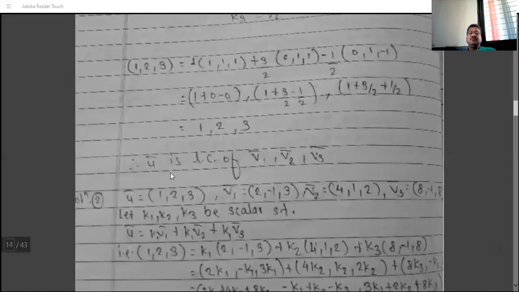This is a non-homogeneous system, because these values on the right are not all equal to 0. If all of them were 0, then it would be a homogeneous system, and a homogeneous system is always consistent.